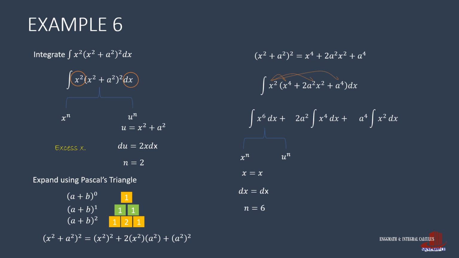The second term is also an x raised to n, with x as x, dx also as dx, and n as 4. Then the last term considers x raised to n as well, where x is x, dx is dx, and n is 2.